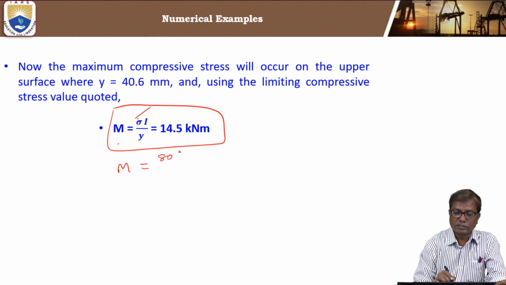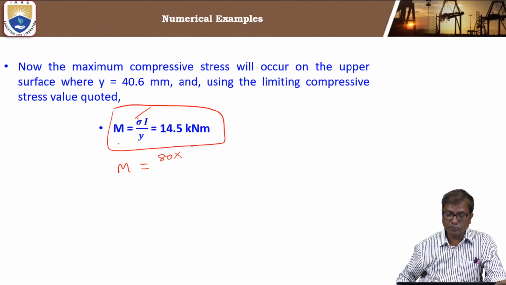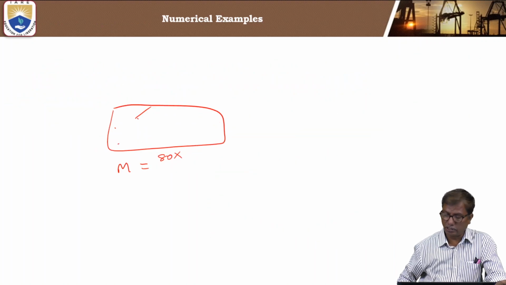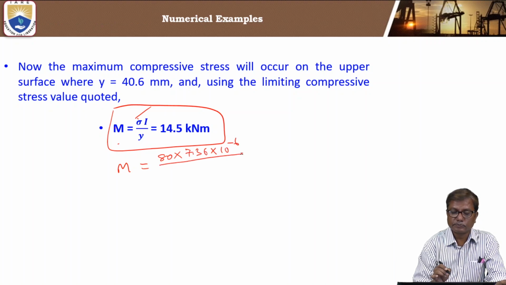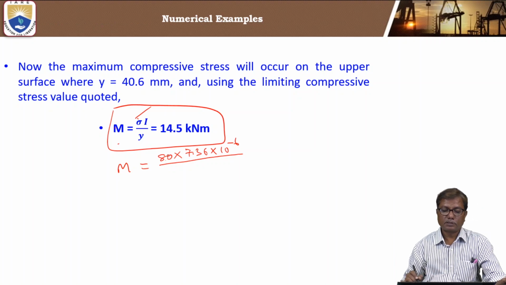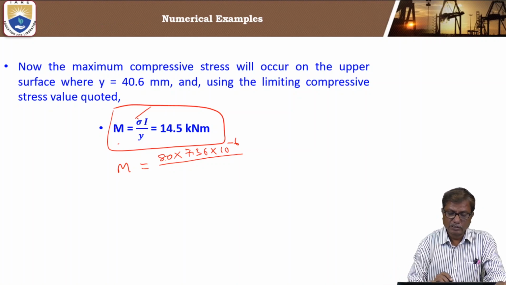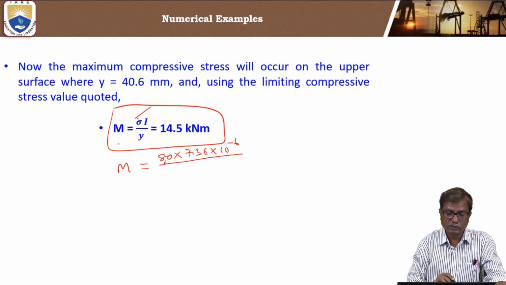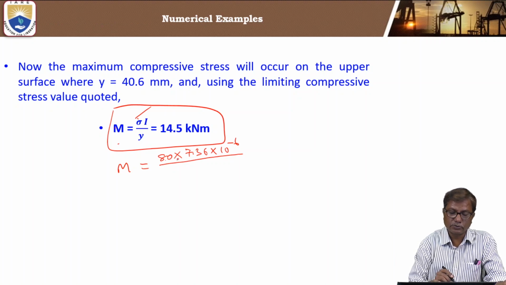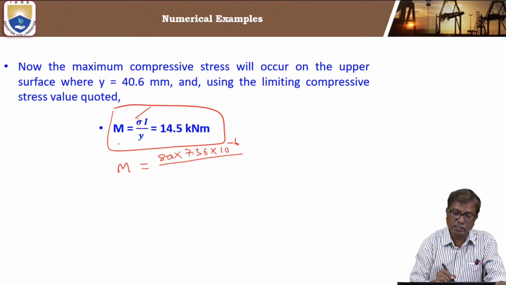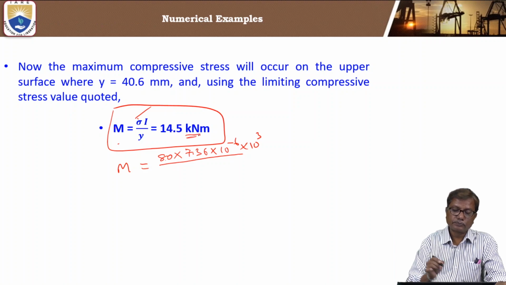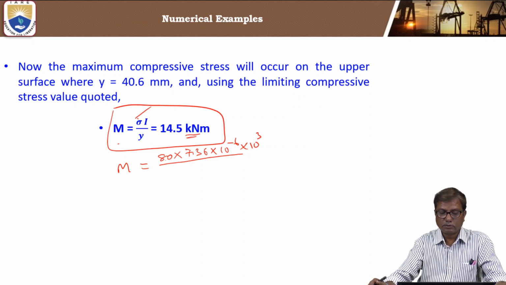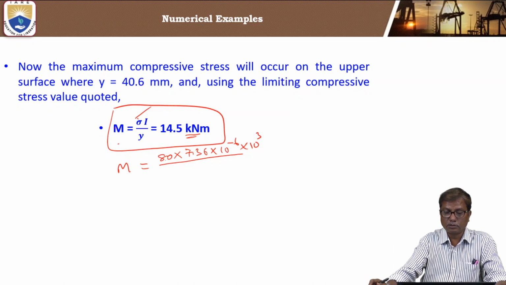So considering the compression side, moment of inertia is 7.36 into 10 power minus 6. This is meganewton per meter square. We can convert otherwise into kilonewton per meter square, 80 into 10 cube, because we'll find the bending moment in kilonewton meter units.